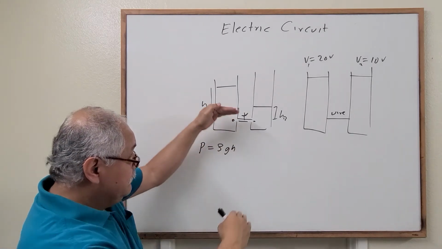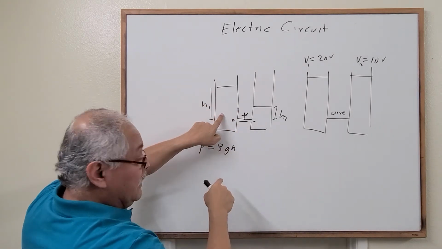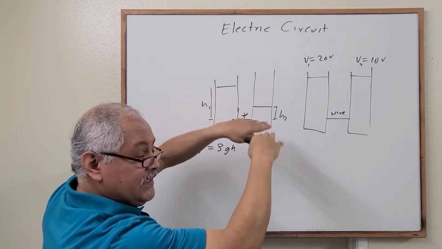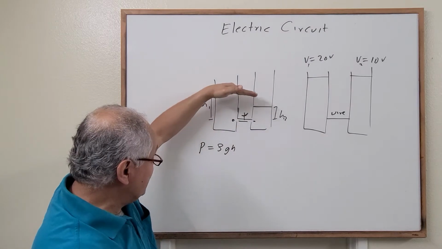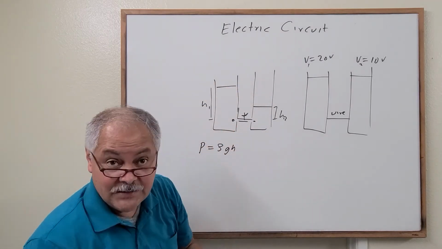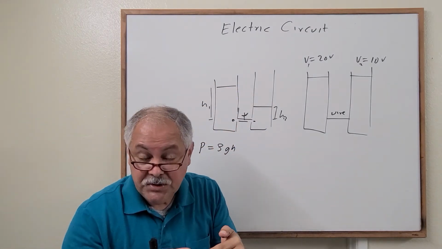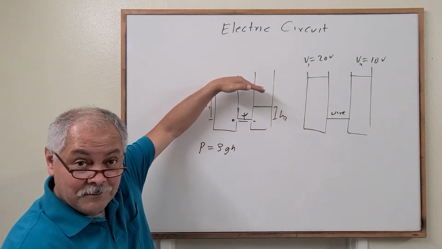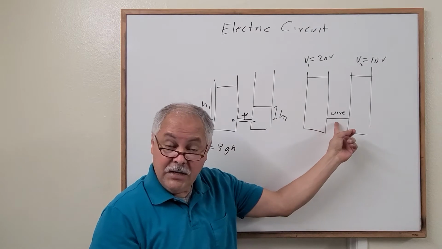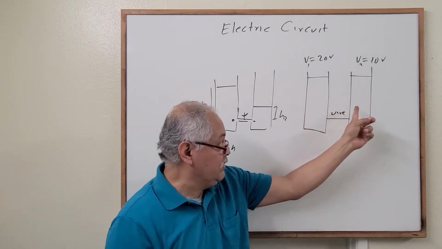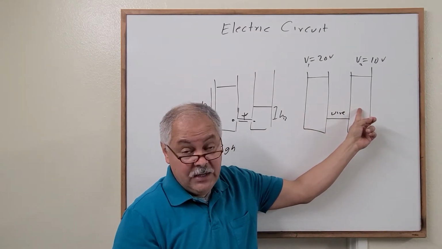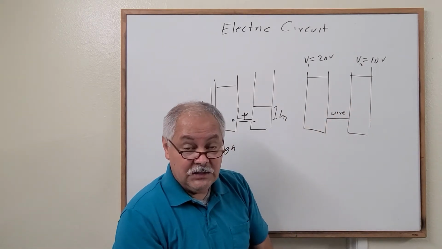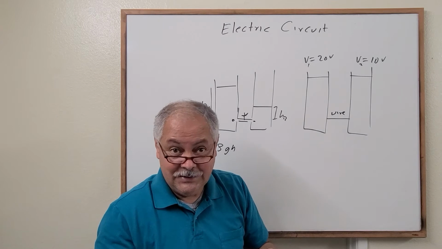Well, after a while, we have current from the left container to the right container, and later they get the same level. When they get the same level, they have the same pressure on both sides. If they have the same pressure, there is no more current. So they are in equilibrium. The same thing happens right here. We have current from here to here, but later, after a while, these two have the same electric potential, and there is no more current.